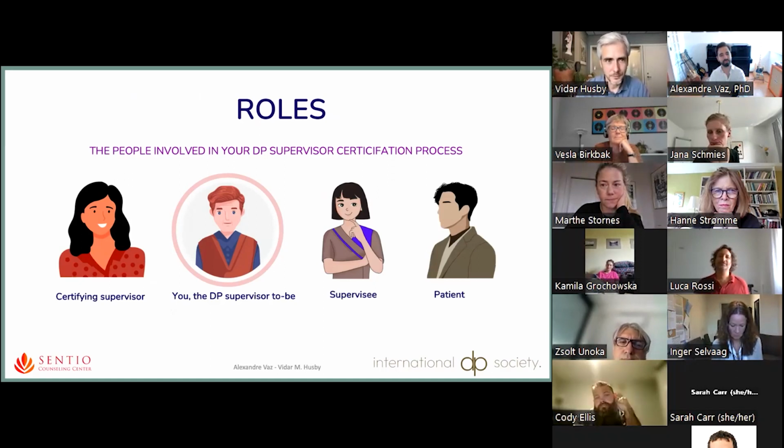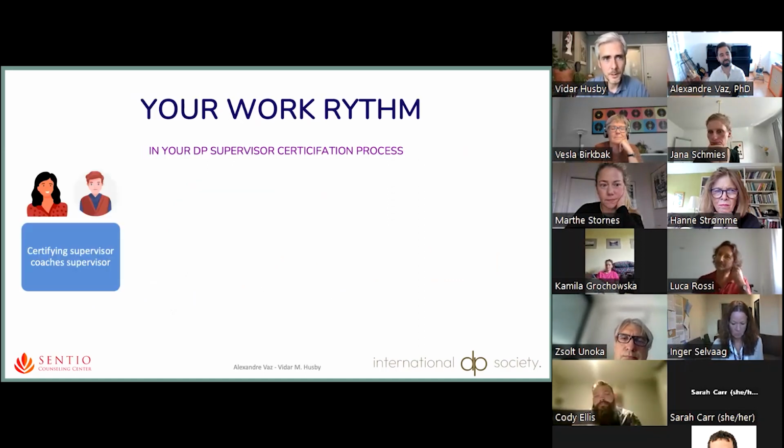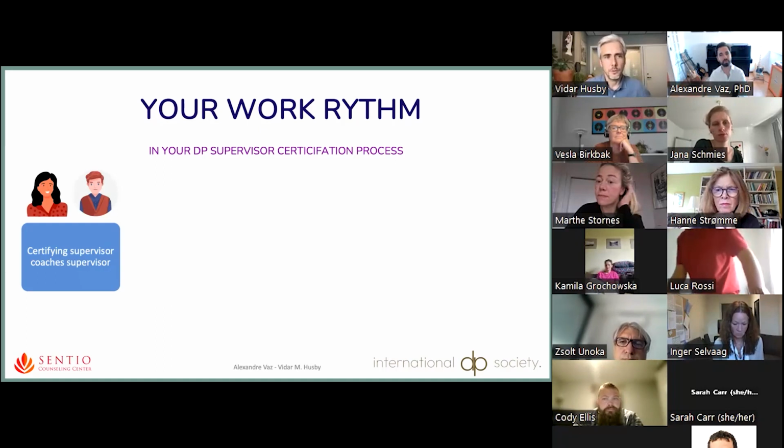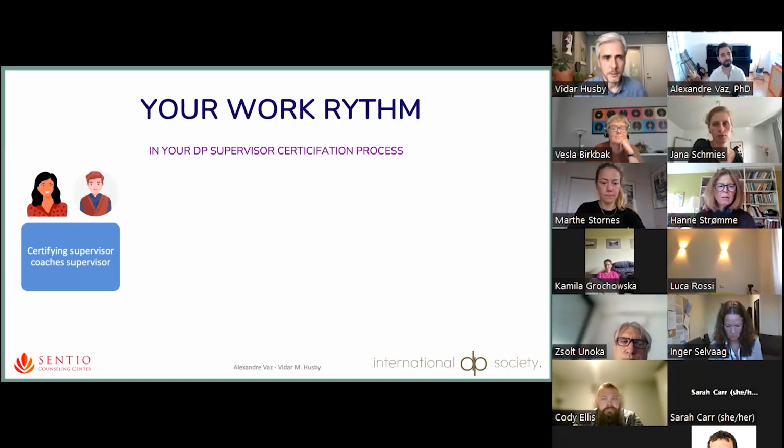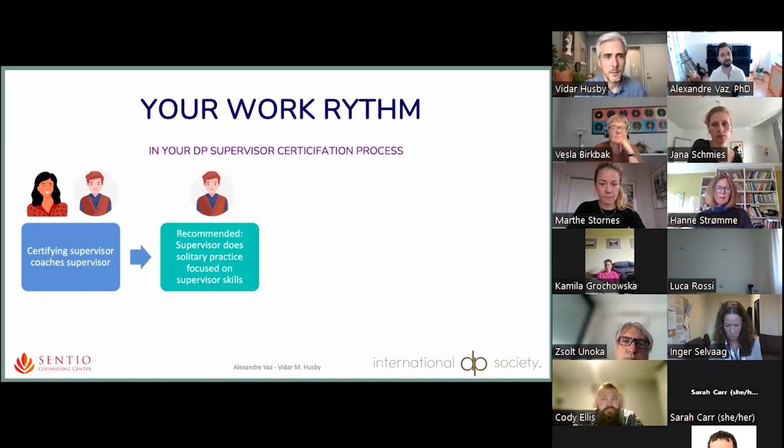So with this in mind, let's take a look at the work rhythm. You meet your certifying supervisor and work with DP supervision. And what we also recommend you to do is solitary practice, like homework or practice with a colleague, the supervisor skills that you focus on.